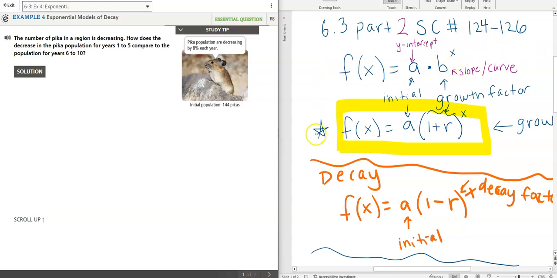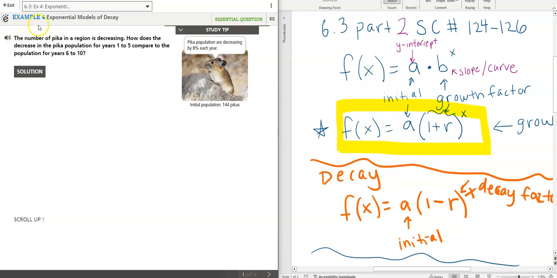If I compare that to the growth or decay equations we learned in our last part, our a is still our initial value or y-intercept, but our b has turned into either 1 plus the growth factor, r, or 1 minus the decay factor, r. And that's how they're all connected.